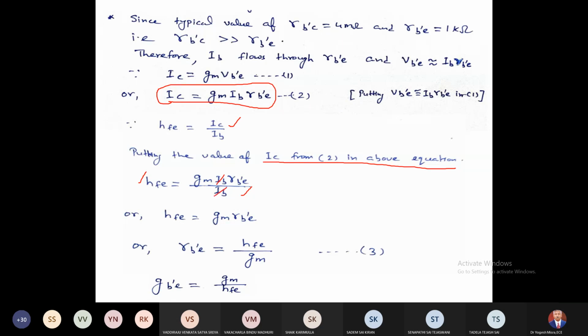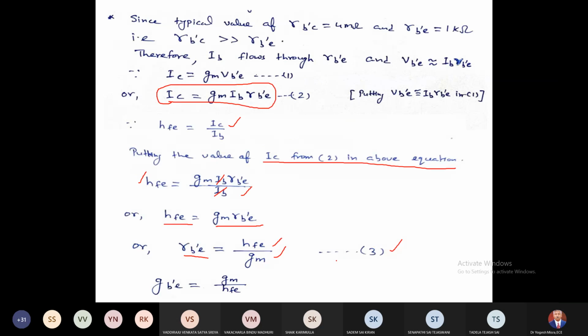So IB and IB will be cancelled out and you will get HFE is equal to GM RB'E, or RB'E will be HFE by GM, right? And this is our expression number 3.